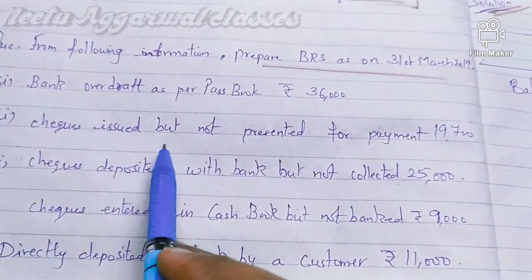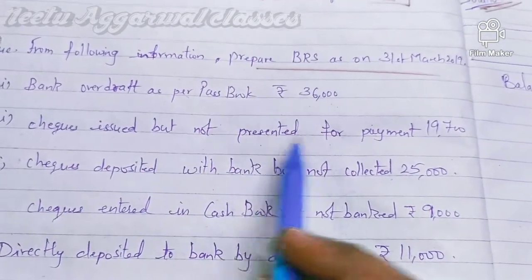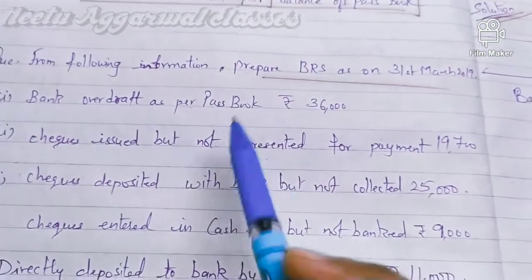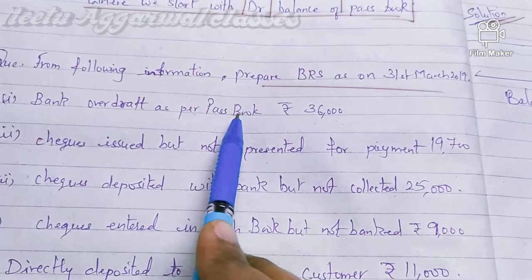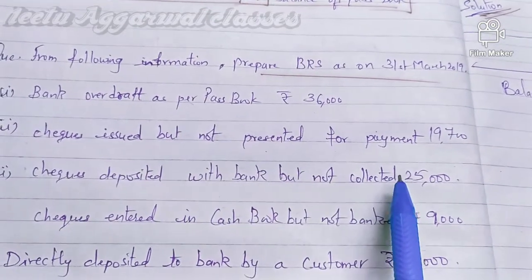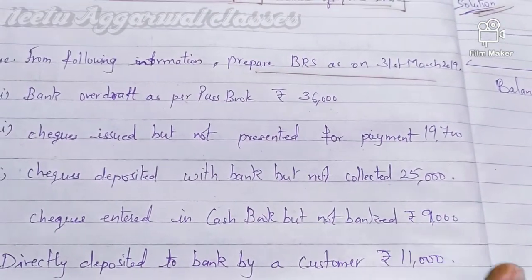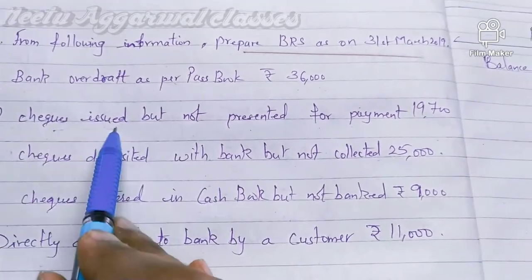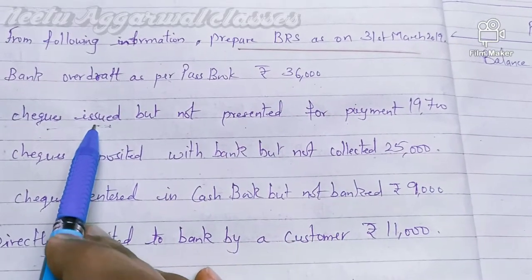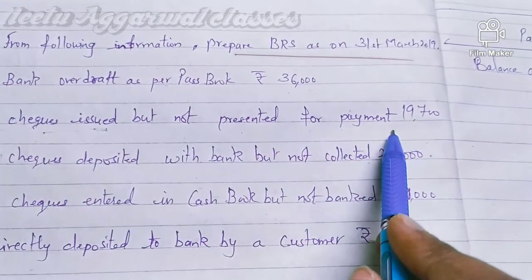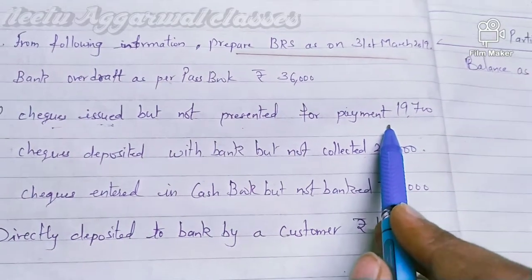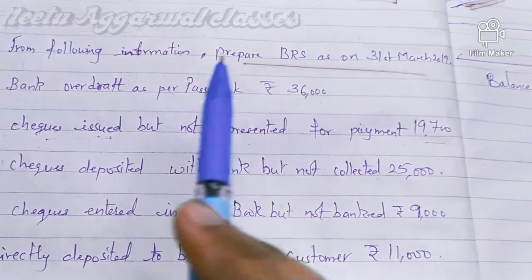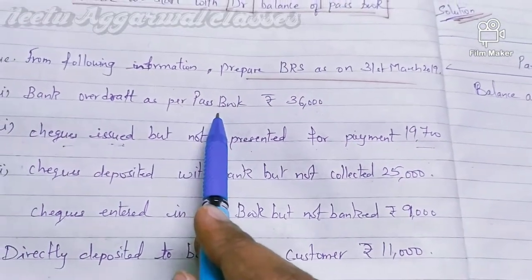Checks issued but not presented for payment, 19,700. See, we have started with the passbook and we need to come to the balance for cash book. So our standard to follow is according to the cash book. In the cash book we have issued, it means we have credited this amount, but not presented for payment. So we need to subtract this amount from the bank balance also.